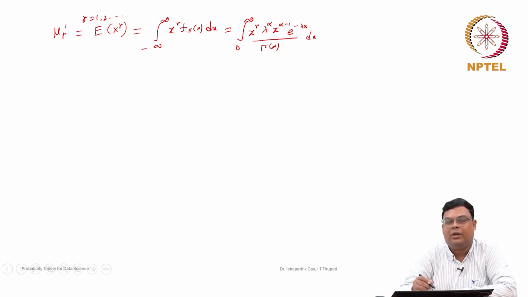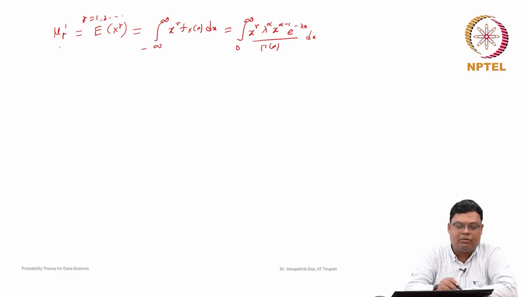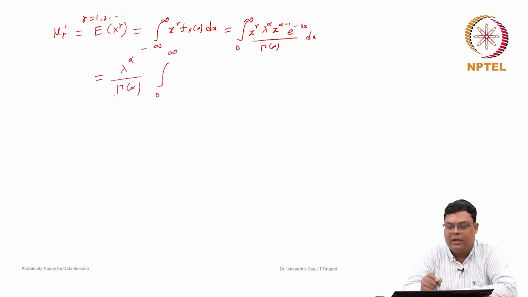That will be helpful because if we can simplify it, it will be useful. Whenever r is equal to 1 we can find mu 1 dash, whenever r is equal to 2 we can find mu 2 dash, like this. So, then we simplify these things. Because lambda to the power alpha by gamma alpha is a constant, it goes outside the integration, and we have the integral from 0 to infinity of x to the power alpha minus 1.